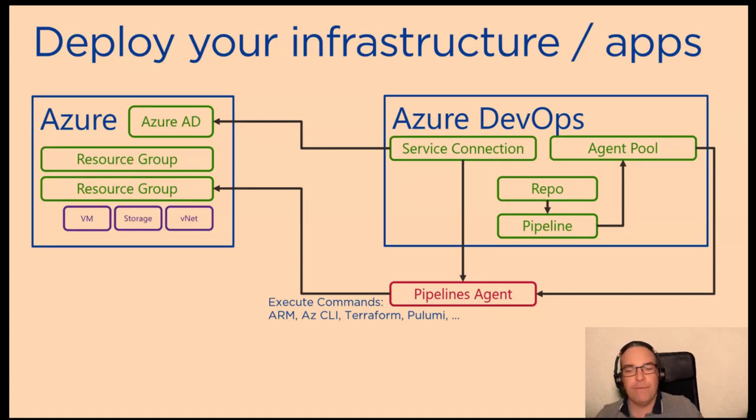So basically, before your first command is running, it's doing an authentication, gets the tokens, etc. Make sure that you're in an authenticated context, and then runs your scripts towards your resource groups, etc. You can also use other tasks like Terraform, Pulumi, whatever. So there is also a marketplace, an open marketplace. You can install new tasks from the marketplace from other vendors and providers and execute those tasks as well.